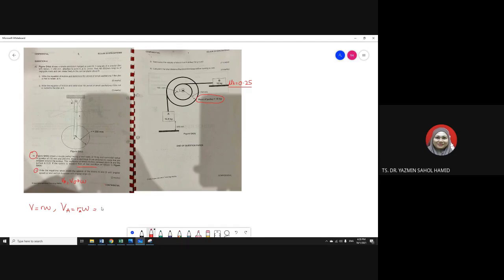So it will be VA equals 0.25 omega. And then if you want to find the velocity of block B, it is radius of block B multiplied by omega also. The radius of block B is joined with the inner pulley and the inner pulley radius is 0.15, so VB equals 0.15 omega. Okay, so that is answering for that first one.